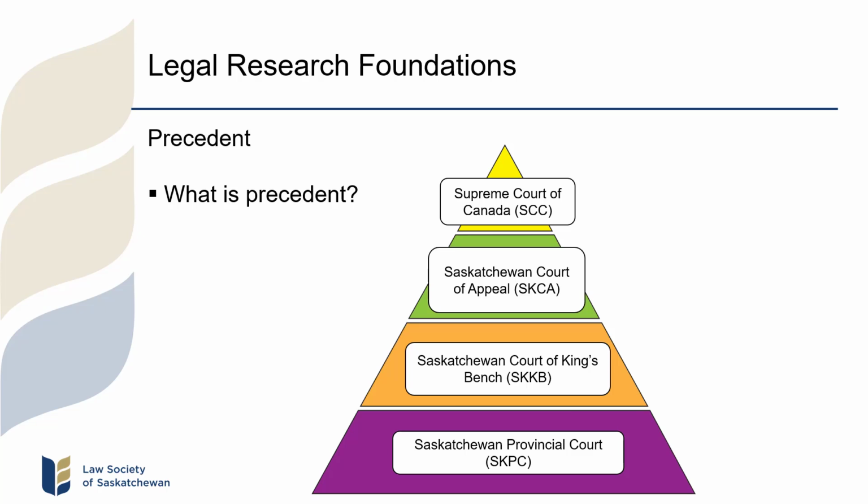The Supreme Court of Canada is the final court of appeal for all courts in Canada. Again, leave to appeal must be sought, and the Supreme Court of Canada only hears a few cases each year. Supreme Court of Canada decisions are binding on all courts in Canada until a future Supreme Court of Canada decision changes that decision.